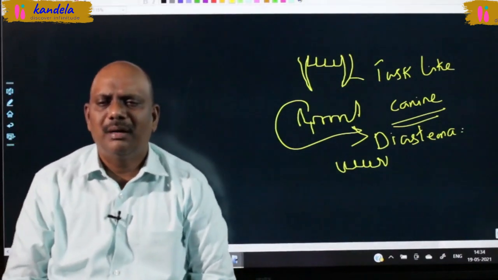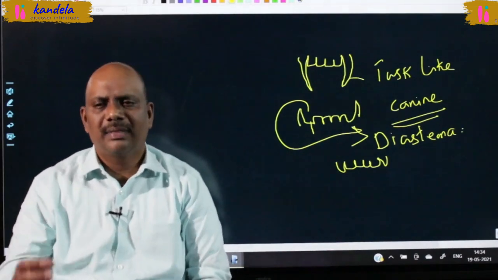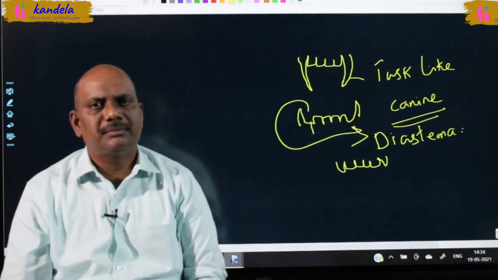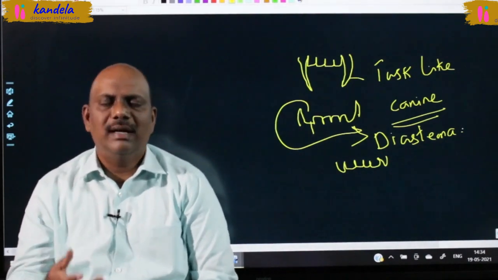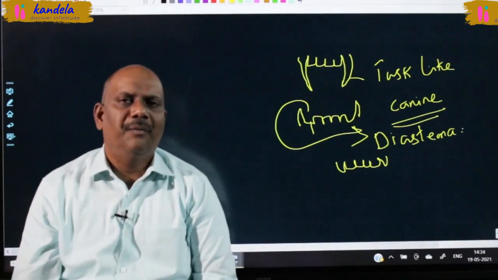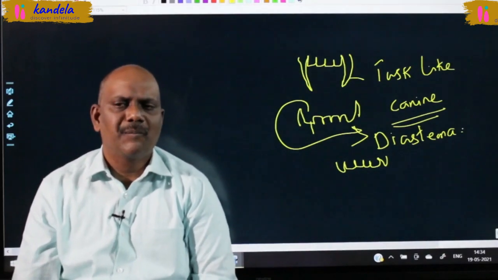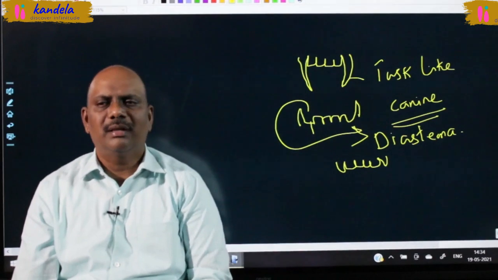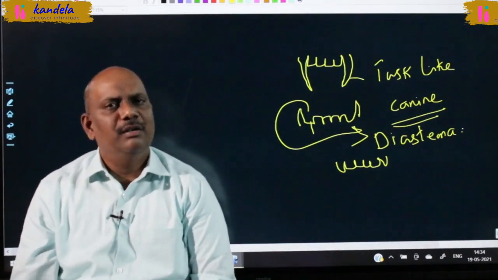Slightly, but one very important thing about this topic is that initially it will take some time for you to understand these things. But once you know what a diastema is, once you know what a foramen magnum is, this will not vanish from your head easily. So you can remember this and there is no need to make any frequent updates.